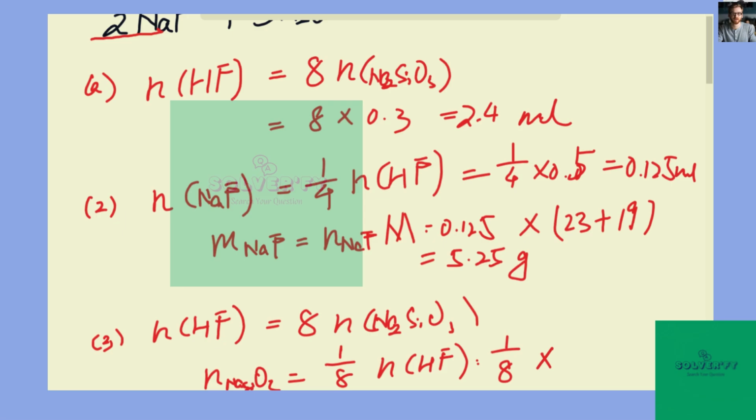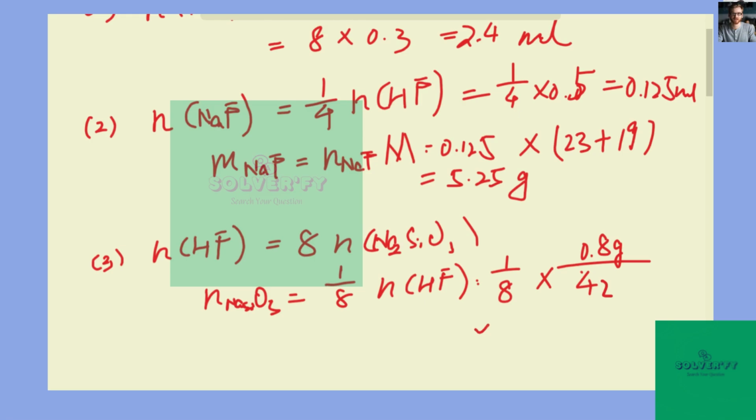The mass of HF here is 0.8 grams, and the molar mass of HF is 42. So it's actually around 1.15 to 4 moles of sodium silicate.